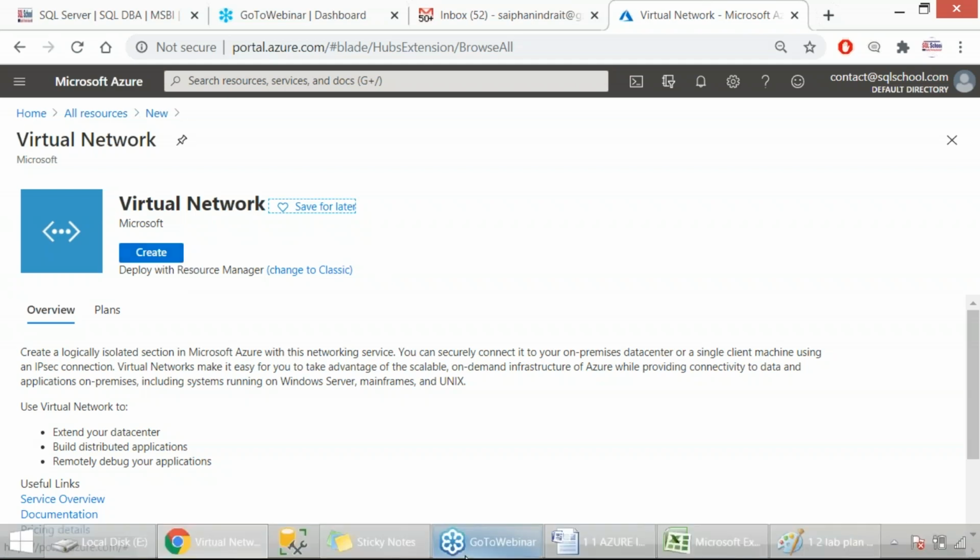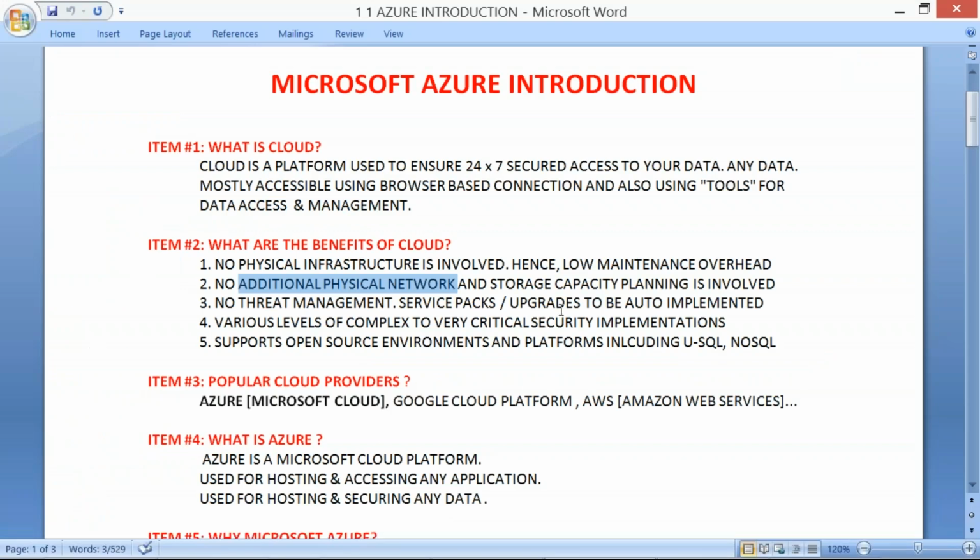These virtual networks and virtual machines are comparatively cheaper and at the same time easy to manage and easy to work with. Yes, all depends on the management components, costing components, and accessibility components. And no threat management.